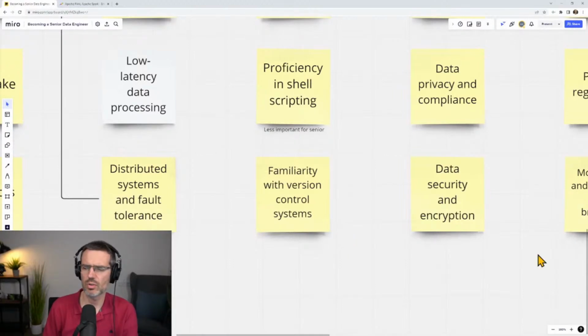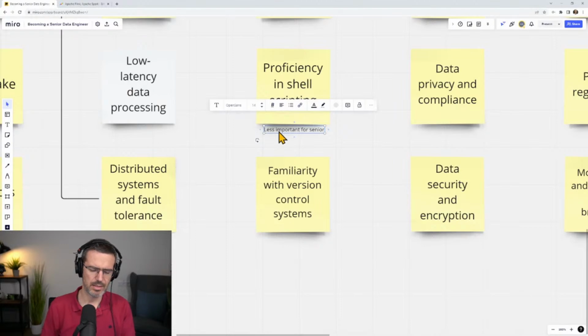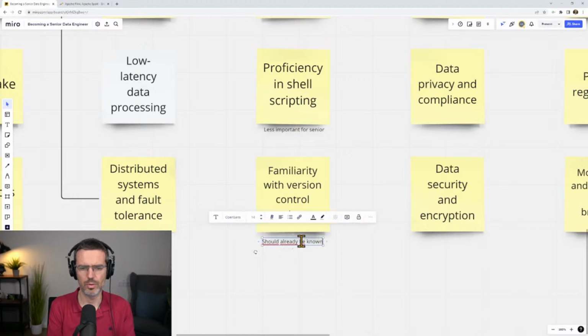Familiarity with version control systems. Senior data engineers should be familiar with version control systems such as Git and be able to use them to manage code changes and collaborate with other team members. Let's mark this gray. I mean, let's duplicate this and let's put in here, should already be known as a data engineer, as a not senior data engineer.